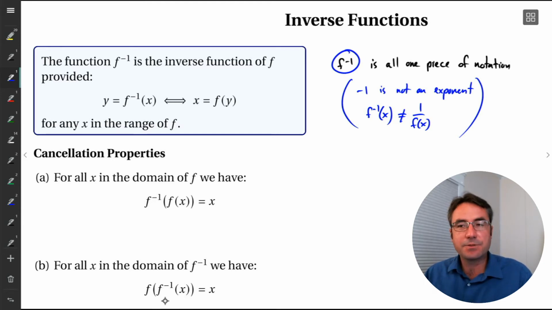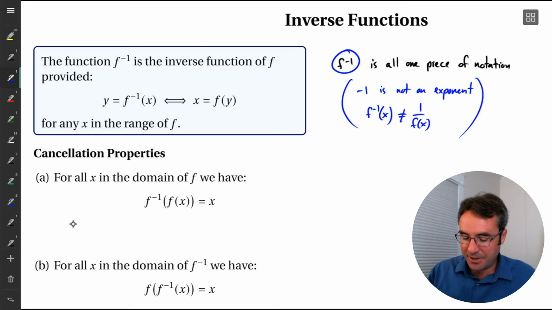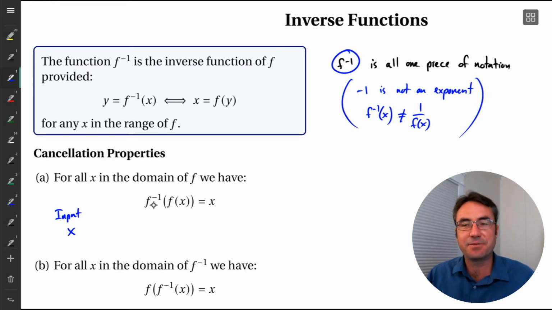And it works the other way as well. If we take some number x, plug it into the inverse function, and then take that result and plug it into the original function f, f inverse and f cancel again, and we're left with our original input. You can think of it like a machine. We have our input x, and let's look at the context of the first cancellation property.